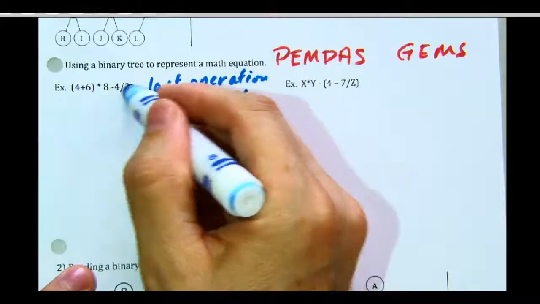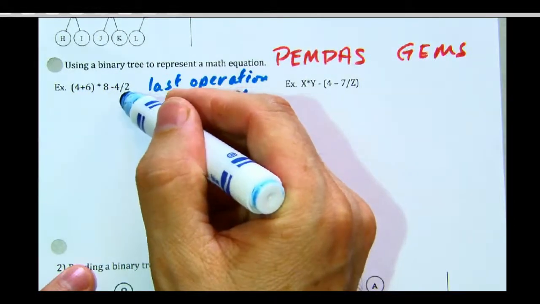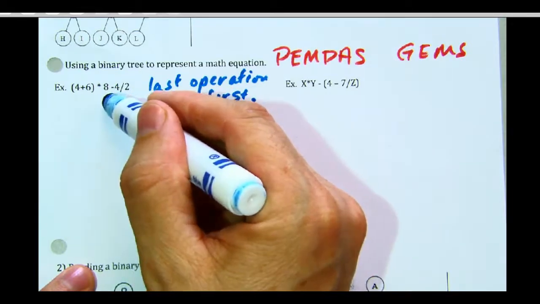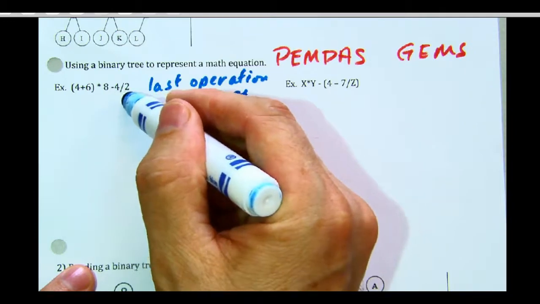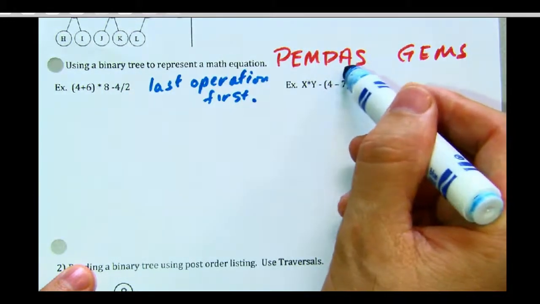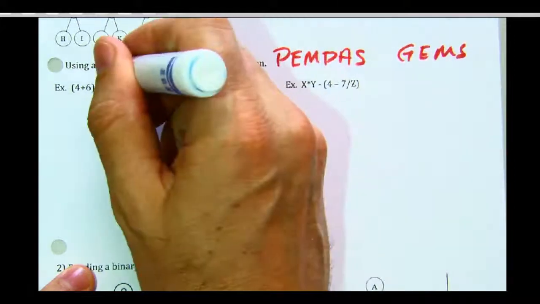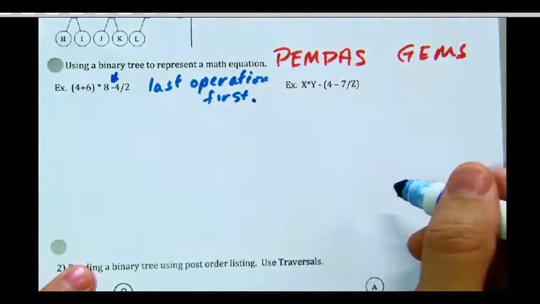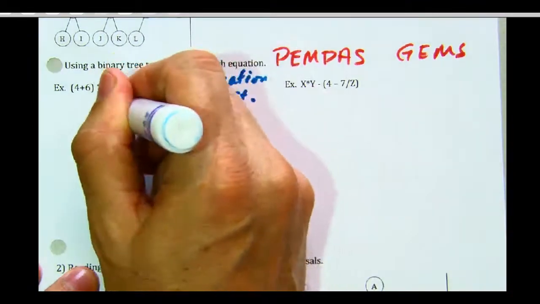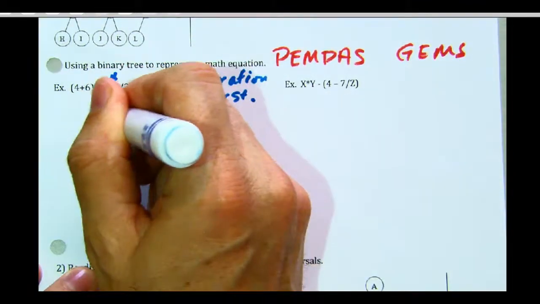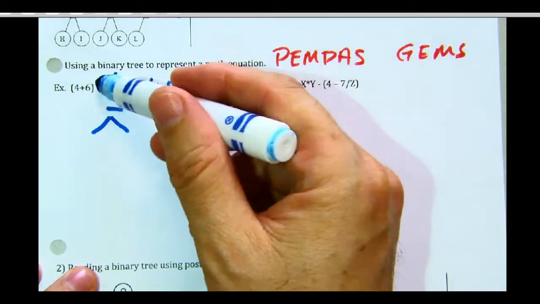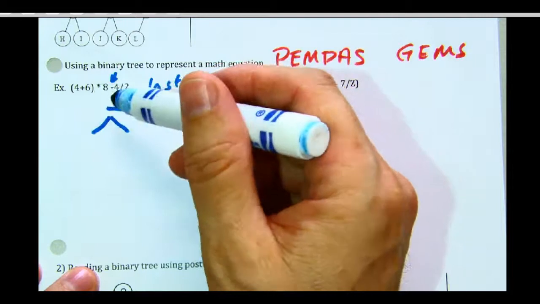So what does that mean for us in this equation right here? Well, if I look at this, I have addition, but this is in a grouping. I have times 8 minus 4 divided by 2. So in this reference, the last thing that we would do is the addition and subtraction. So right now, that little minus there would be the first thing that we'd be looking at. So we want to start off our binary tree with the subtraction symbol.